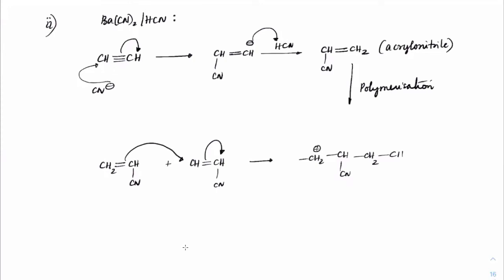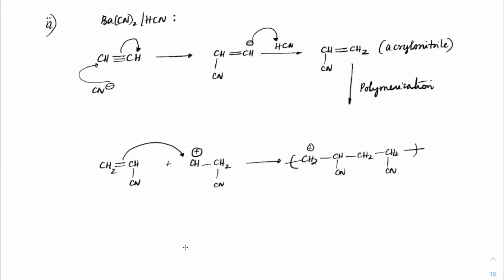Because the minute you add H plus in the presence of acidic medium, a carbocation is formed here. So this pi will attack on it. Again we get CH2 plus CH, CN with CH2, CN, this side and this side it will keep continuing.